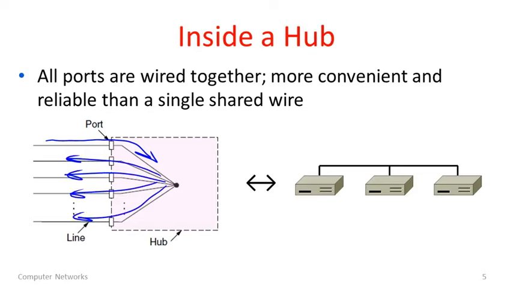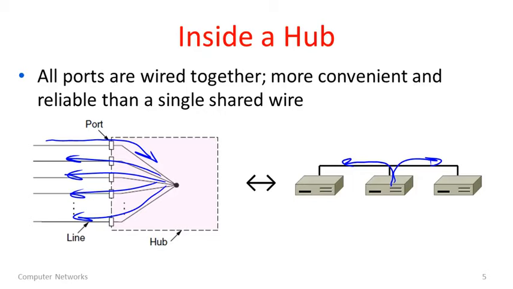Functionally, this is equivalent to the setting on the right, where if one host sends onto the wire, the frame will be delivered to all of the other hosts. It's just another way of wiring it. It's generally more convenient than winding one long wire through all of the different offices, because now we can run twisted pair to a central wiring closet.